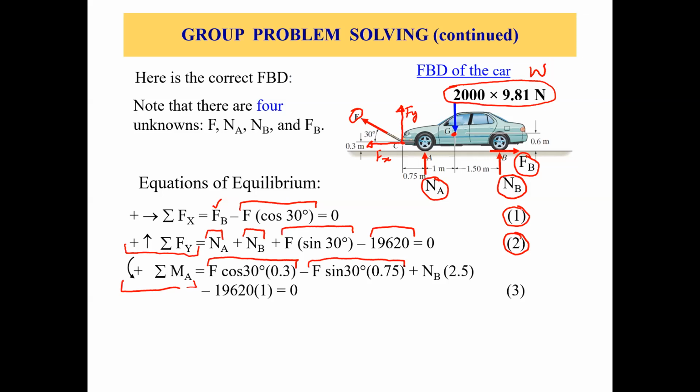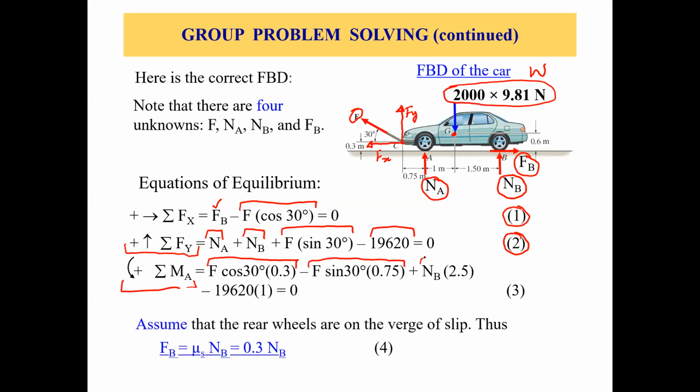Then we have a counterclockwise moment from NB, and the moment arm is 2.5 meters. Then we have the clockwise moment from the weight, and the moment arm is 1 meter, equals 0. So this is your third equation.